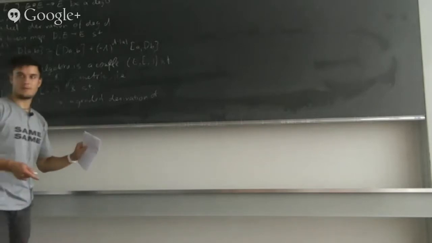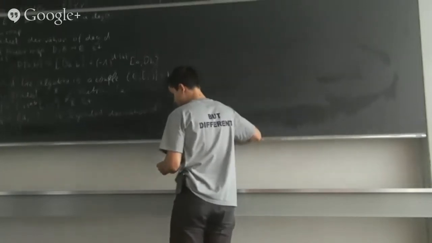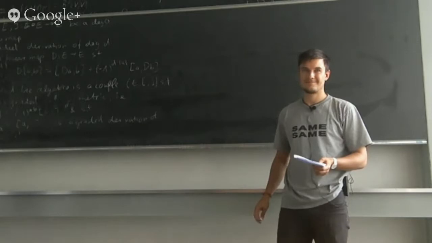And so especially it satisfies the Jacobi identity, since it has to satisfy that equation. So the point of this way of writing it is to remember the signs in Jacobi, because otherwise it's very difficult.